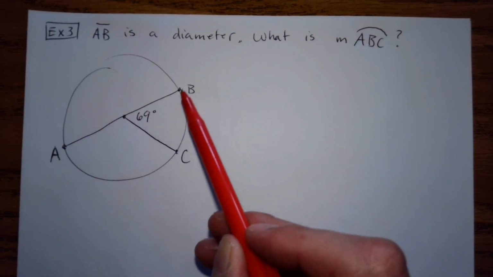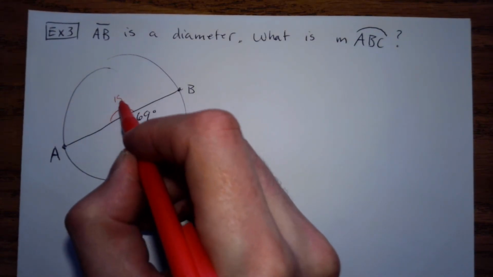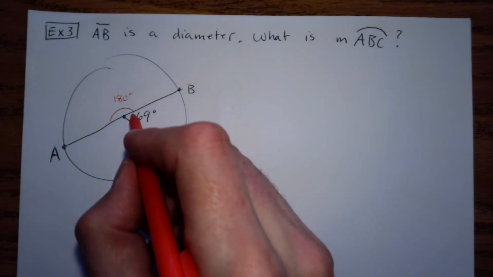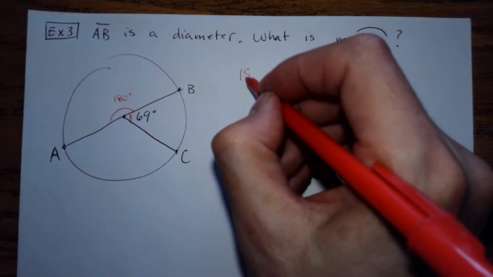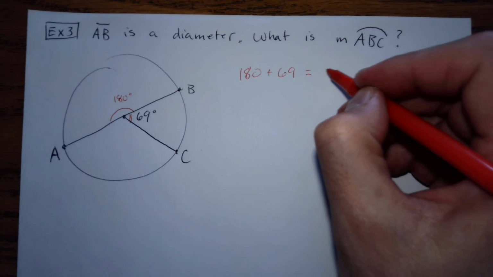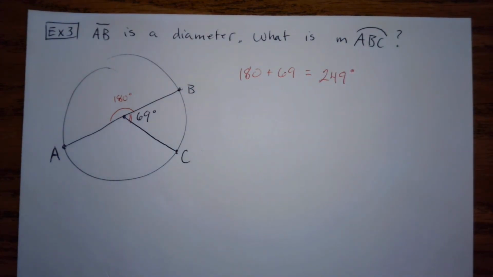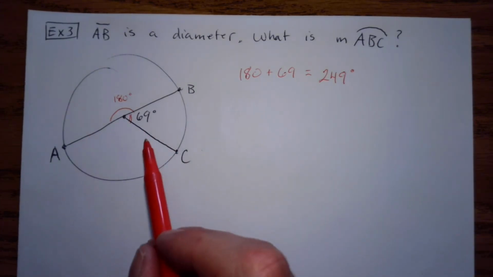This is a straight segment, which means this is 180 degrees. And then 180 degrees plus 69 will equal 249. That's what you said, yeah? I did 360 minus 69. If you did 360 minus 69, that includes this, and we don't want to include this.